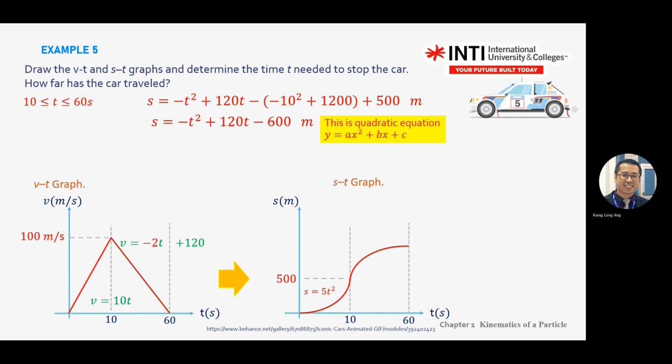Equation, 1 mark. Axis including the unit, 2 marks. You have y and x axis, so 2 marks. For one graph, 2 plus 1 plus 1 plus 1 plus 1, that's 1, 2, 3, 4, 5, 6. It can be 5 to 6 marks.